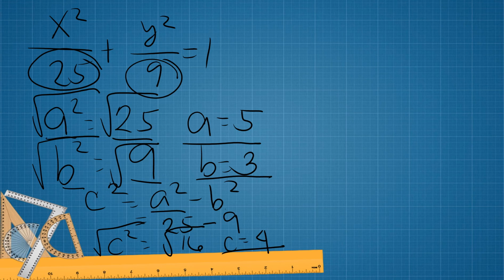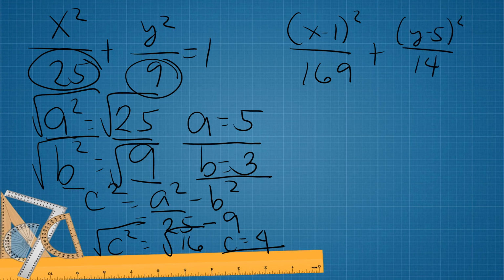Let's try another example. We have (x minus 1) squared over 169 plus (y minus 5) quantity squared over 144 equals 1. Again, a squared represents the greater denominator. Since the greater value of the denominator is 169, therefore a squared is equal to 169.